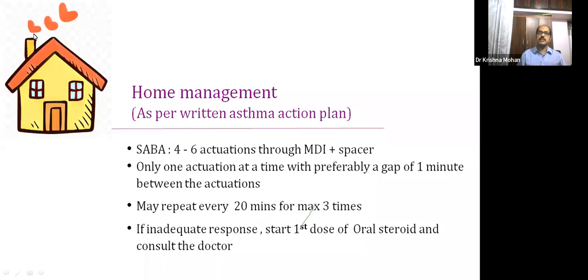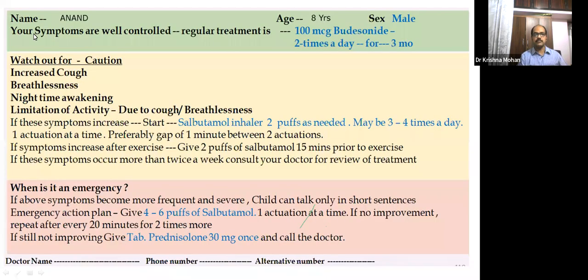Usually prednisolone is given. Even though this is given in our recommendations, in practical management you won't be telling the patient to start steroid by themselves, because there is a chance of self-treatment and over-management. So you can tell the patient to start short-acting beta agonist, and if the patient is not getting adequate control at the end of 1 hour, they should attend a hospital setup.